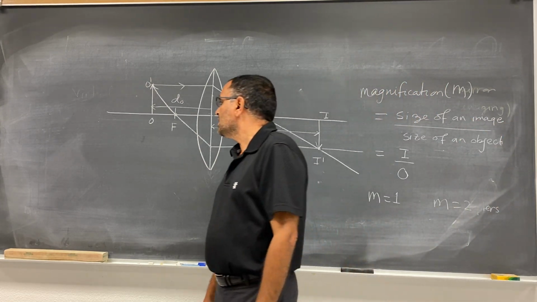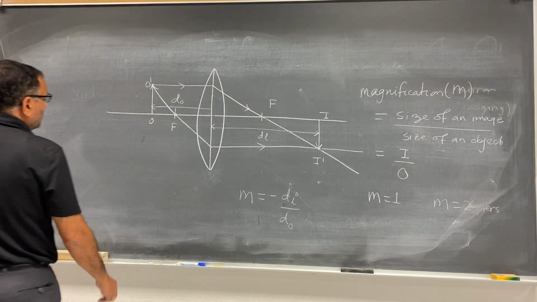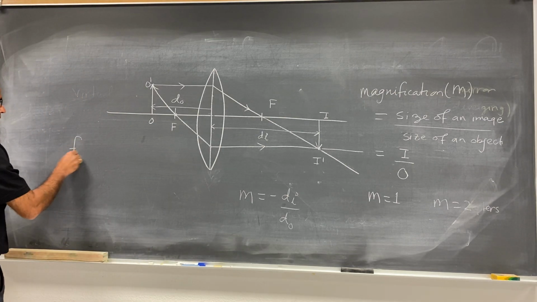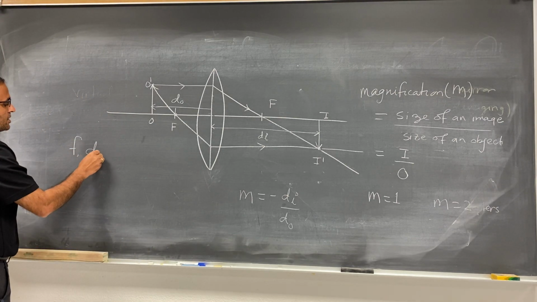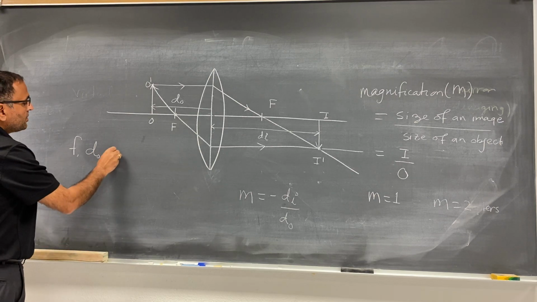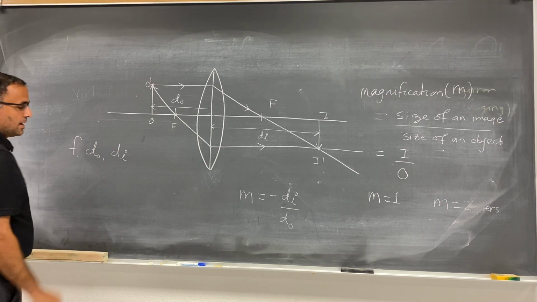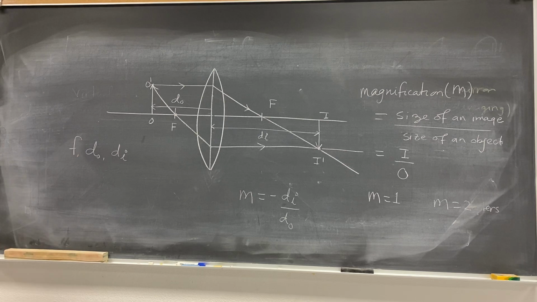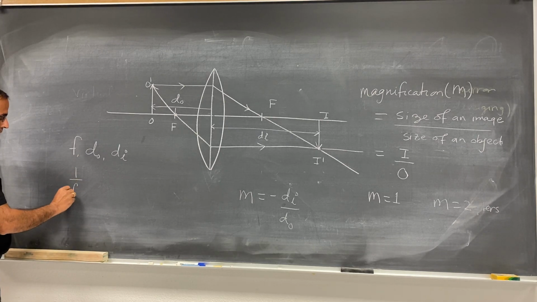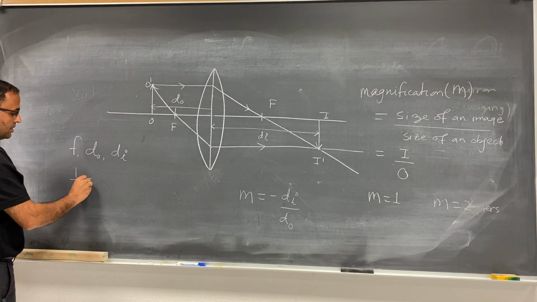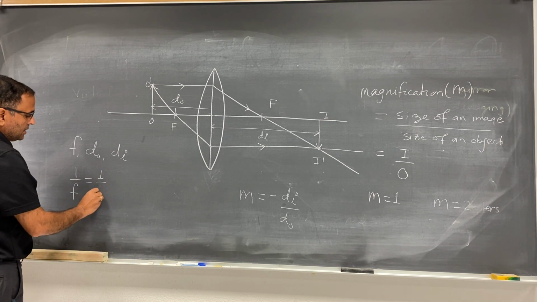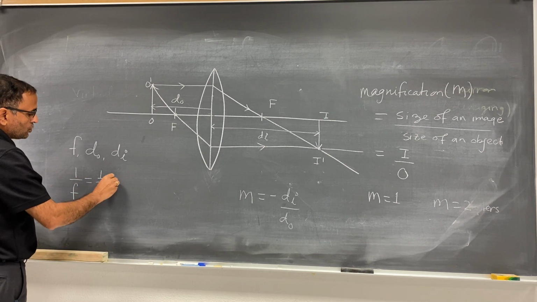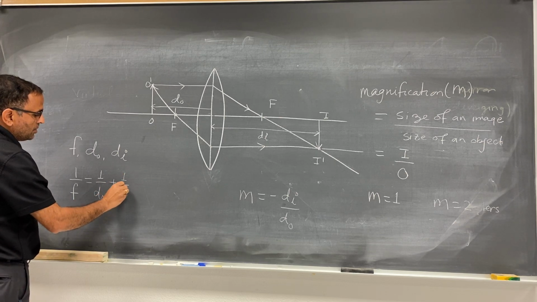And if the lens has the focal length f, f is the focal length of the lens, d_o is the object distance, d_i is the image distance, so there is a relationship. The relationship is 1 over f, 1 over focal length, equals 1 over d_o, object distance, plus 1 over d_i, your image distance.